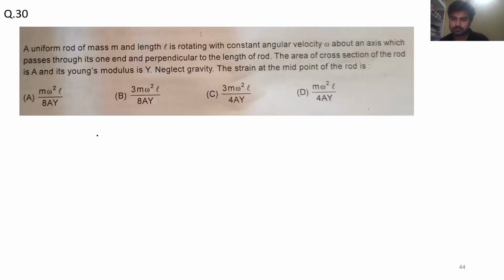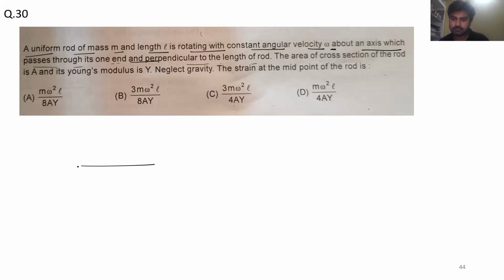Question number 30 tells that a uniform rod of mass m and length L is rotating with constant angular velocity omega about an axis which passes through one of its ends and perpendicular to the length of the rod.